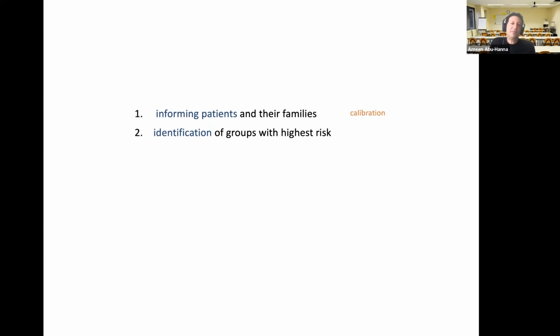Sometimes calibration is less important. For example, if you are the government or the municipality and you say, okay, I have a budget of $1 million or €1 million, and I want to dedicate it to the highest risk patients to develop something, or in public health or whatever. In that case, discrimination is the most important thing. Why?